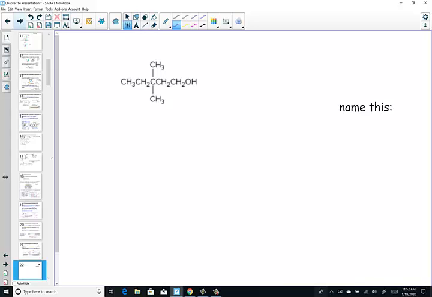The practice comes in just finding the longest carbon chain, making sure that that carbon chain has the carbon attached to the OH, giving it priority when you're numbering, and just give us the branches by locant number as well. So I'm counting 1, 2, 3, 4, 5 carbons in that longest chain, knowing that carbon 1 has to be on the carbon attached to the hydroxyl group.